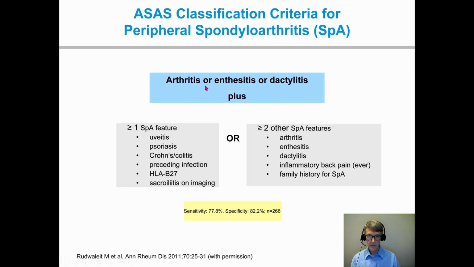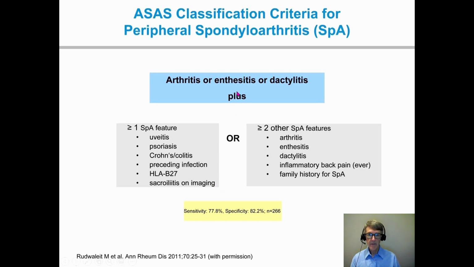Now, if it's arthritis, the one other feature shouldn't be arthritis, and that's listed in the two other features, but they're looking for one other feature such as uveitis, psoriasis, Crohn's disease, or ulcerative colitis, an infection that could have set it off, and we talked about the infections, the association with HLA-B27, sacroiliitis on imaging.